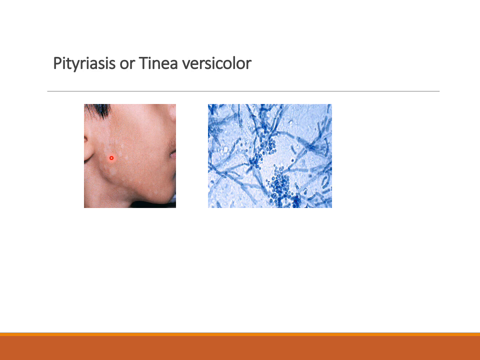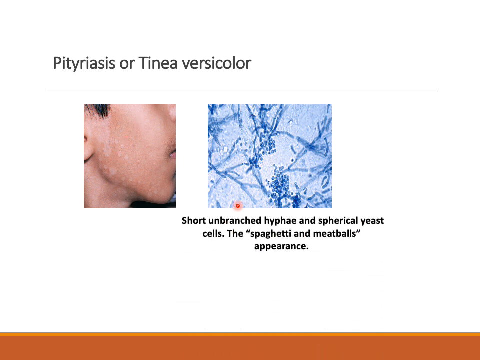And you remember this one. This is the typical microscopic appearance of Malassezia furfur. When you scrape these lesions and examine this under the microscope, utilizing either potassium hydroxide or lactophenol cotton blue, this is what you are able to see. How did we describe this?